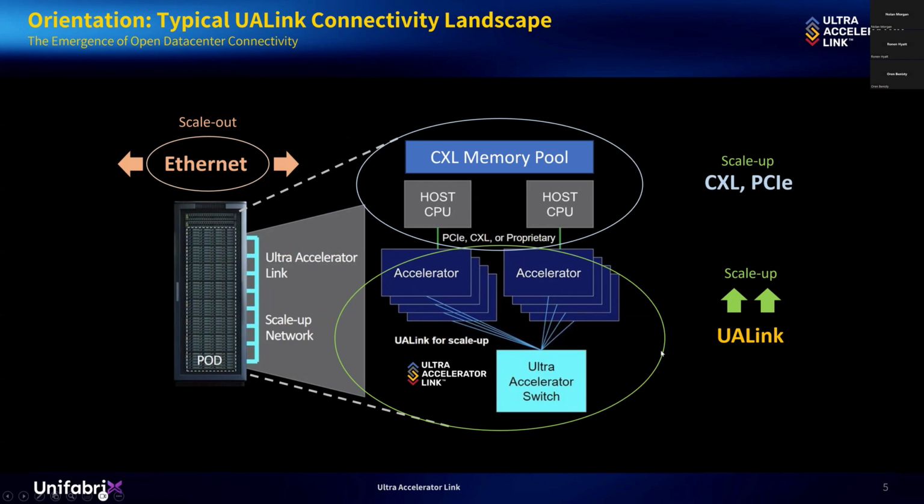So what is the meaning of scale up? Scale up really means that we keep the same semantics when we grow the number of accelerators. UALink is a memory semantics fabric, meaning it runs memory transactions. And when an accelerator runs the workload that it runs, it usually uses loads and stores to access its own local memory.